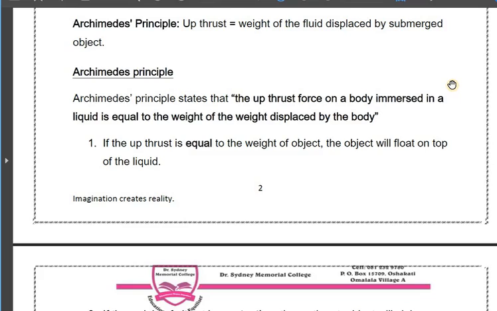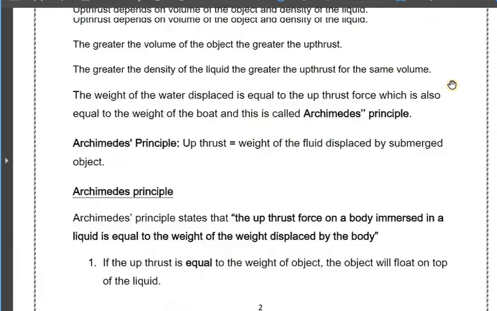So if you go into a body of water and you have a weight of, let's say, 400 newtons, the amount of water that you're going to displace is also going to be equal to 400 newtons. It's pretty simple.